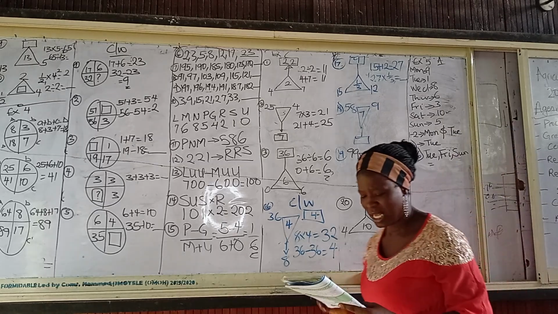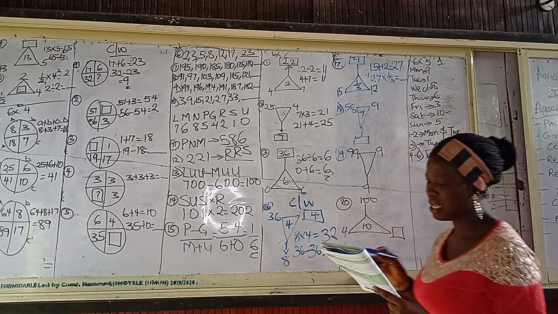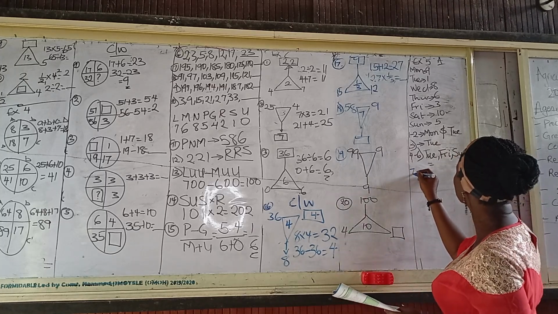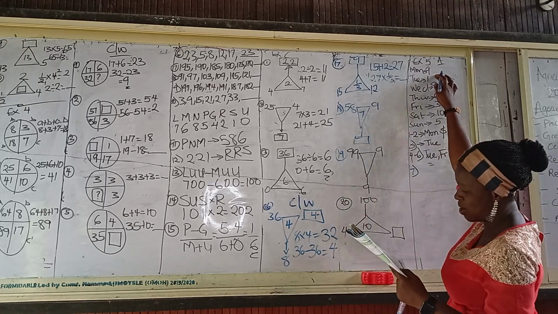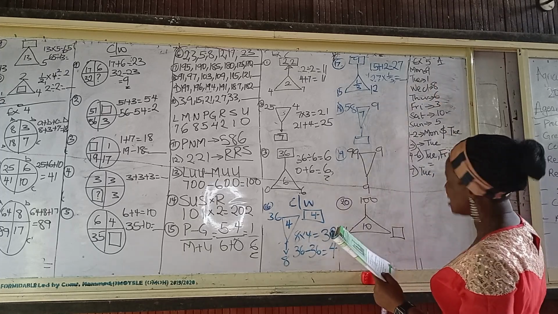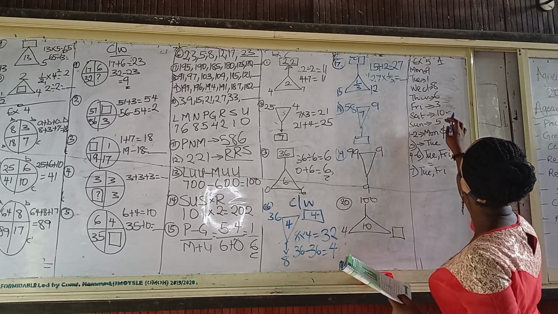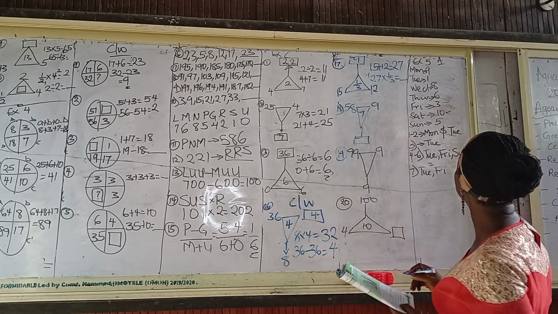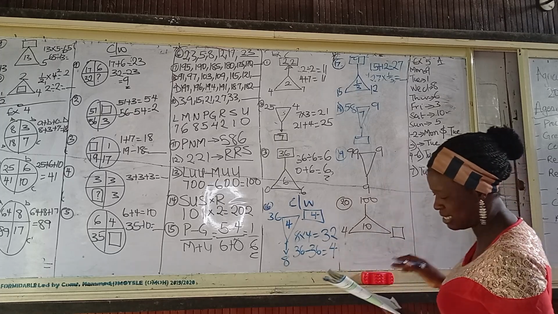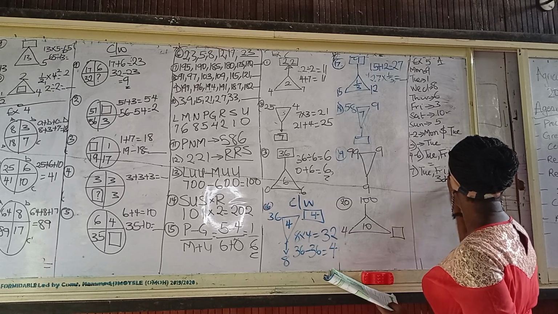So number 7 says, how many days had fewer than 6 hours of rainfall? Fewer hours than 6, that is Tuesday, Friday and Sunday. Days that have less than 6 hours, just 3 days.